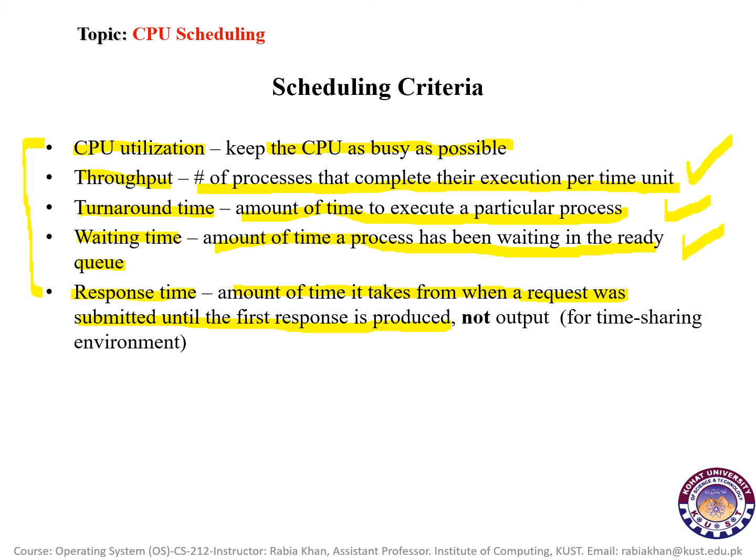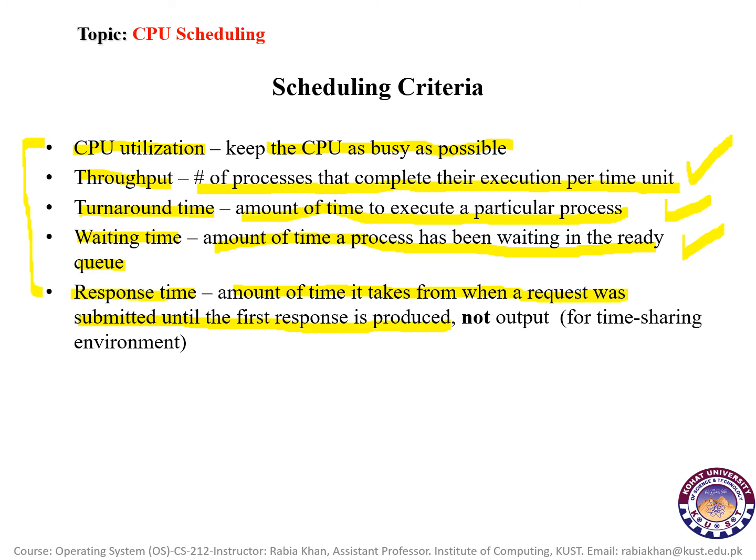The time taken by the system to generate the first response to a process when it was submitted to the CPU. So these are the 5 different criteria on the basis of which we select a CPU scheduling algorithm. CPU utilization: we have to keep the CPU as busy as possible, as it is the main requirement for a multi-programmed system. Throughput is the number of processes that complete execution in a defined unit time. Turnaround time is the amount of time to execute a single process.